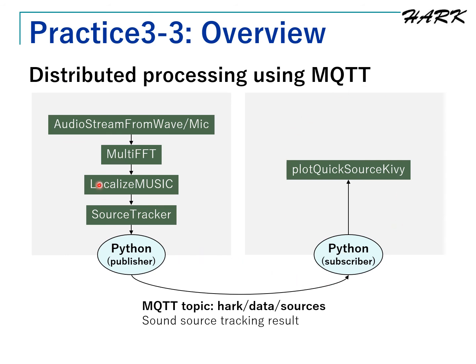The first node reads the audio signal, performs Fourier transform, localizes the sound source by MUSIC, tracks sound sources, and publishes the result to the topic name hark/data/sources. The other node subscribes to the source tracking results and displays the localization results. Now, let's actually run this system.